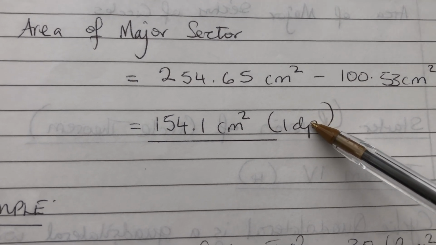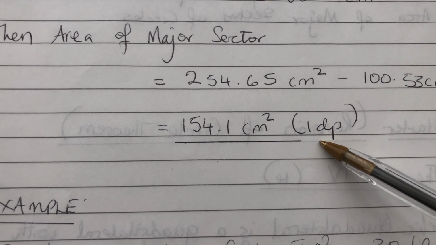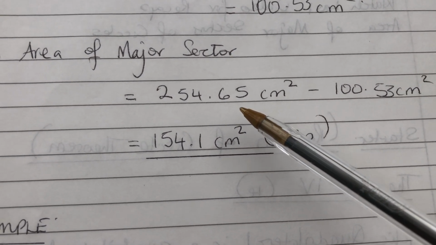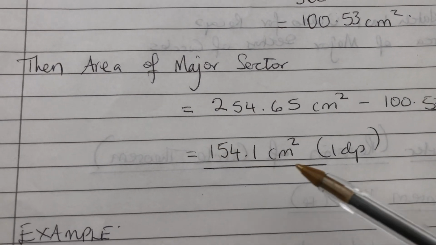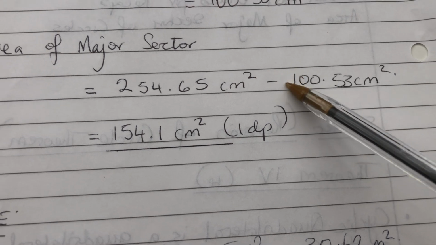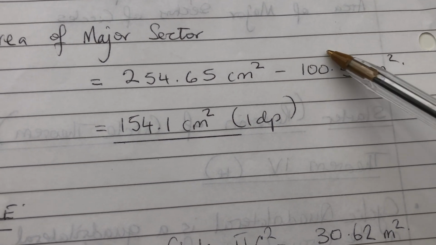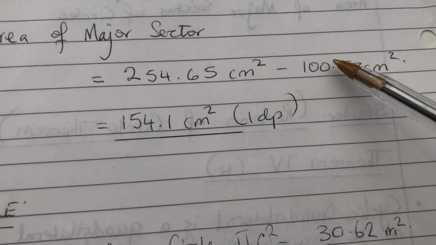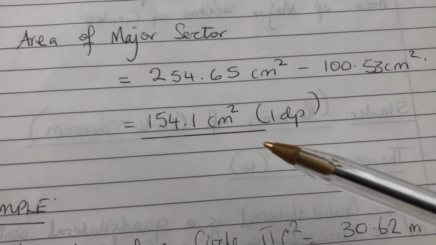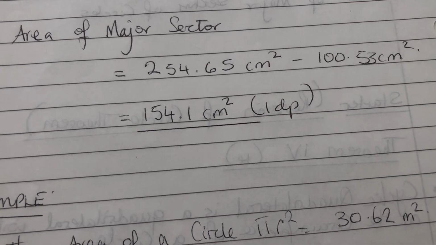If they ask you to leave your answer in pi, then you leave your answer in pi. You are looking for the area of the major sector, and that is the area of the minor sector, so it makes sense. The minor sector area should always be less than the major sector area, so that should even give you a clue that you are right.